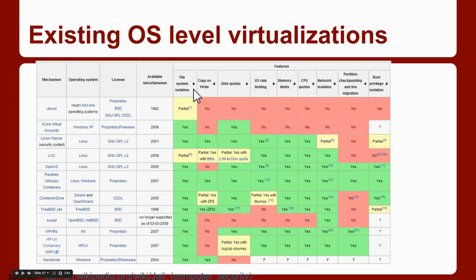So certain virtualization techniques allow you to have all these if it's properly configured. So like memory limits, if it limits the resulting process's ability to take up memory, you can prevent many memory exhaustion attacks like fork bombs and stuff like that, which also affect CPU quotas.